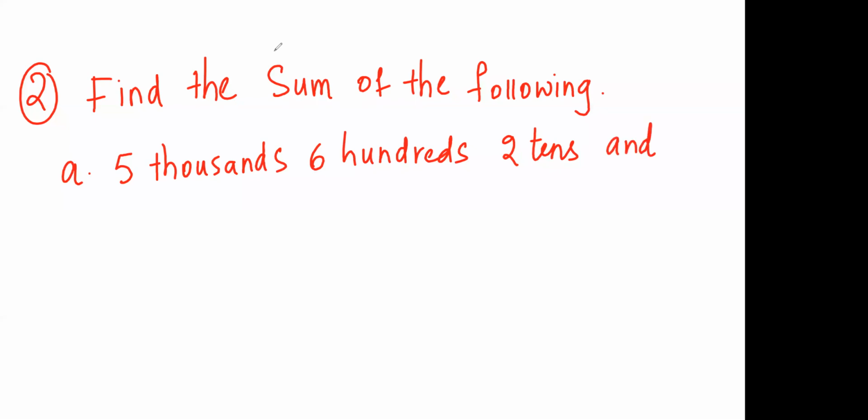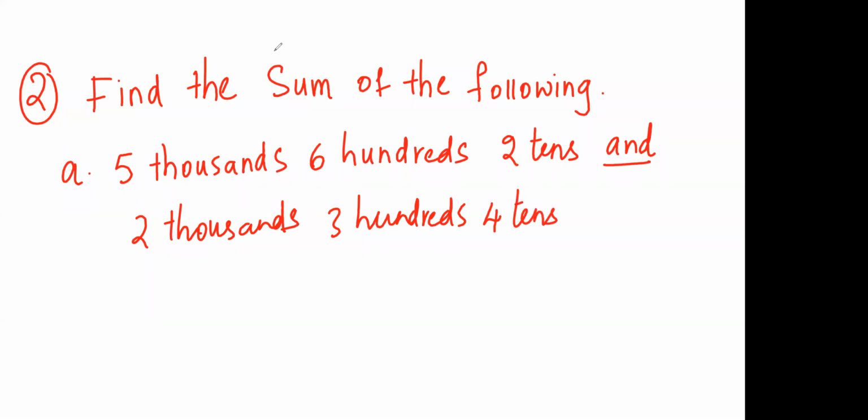See, there are two numbers here. One number is 5,000s, 600s, 2 tens, in expanded form. And one more number is 2,000s, 300s, 4 tens, 6 ones. We have two numbers but they are given in the expanded word form.